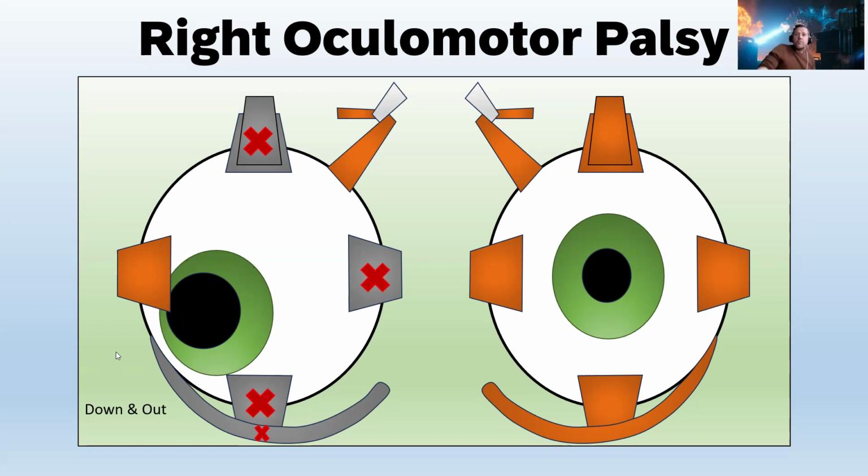Now, when the oculomotor nerve is involved, in some cases the parasympathetic fibers can also be involved, because those are responsible for miosis. Miosis is no longer possible and the pupil will look blown out and be in mydriasis. But that's not always the case, so it depends on whether or not the parasympathetic fibers are involved.